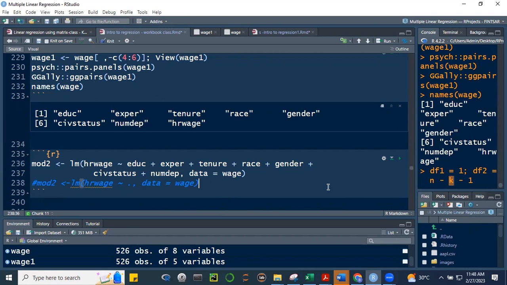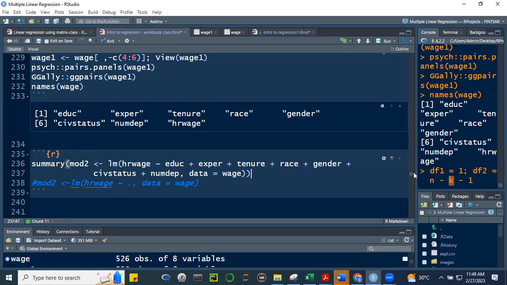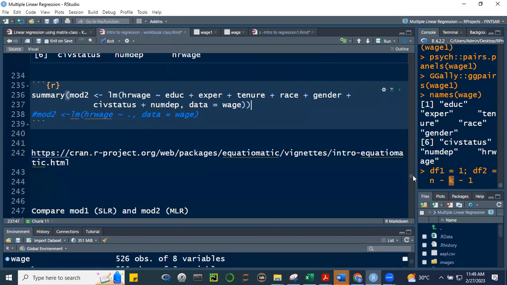And when you're done, kindly run this. Let's put it in summary so we only run once. Summary of model 2. There. Kindly chat if you were able to run this.